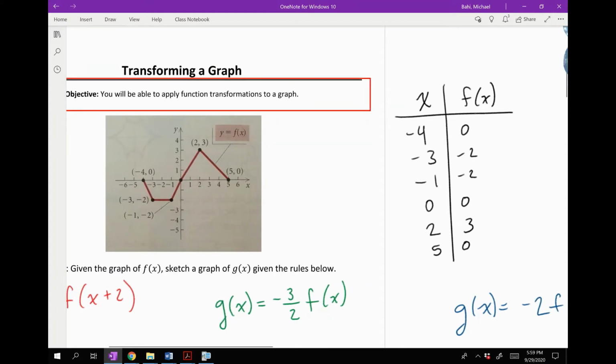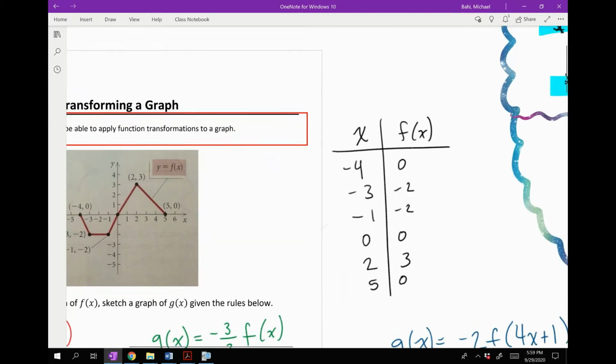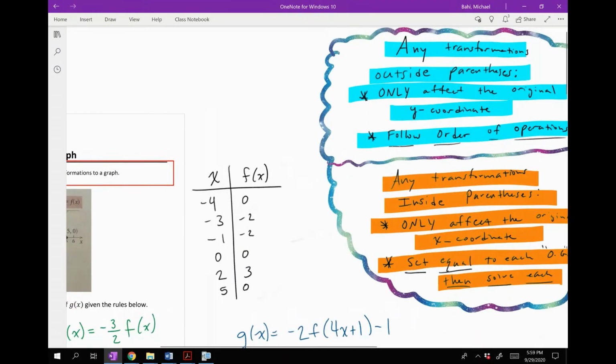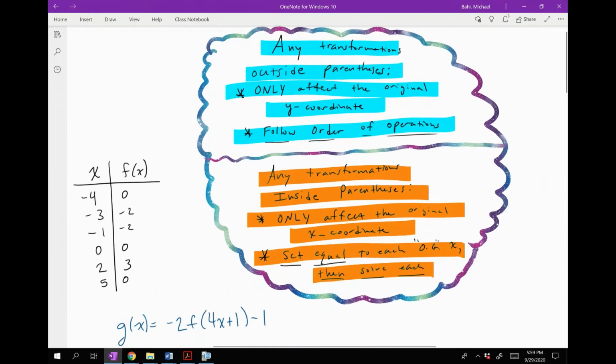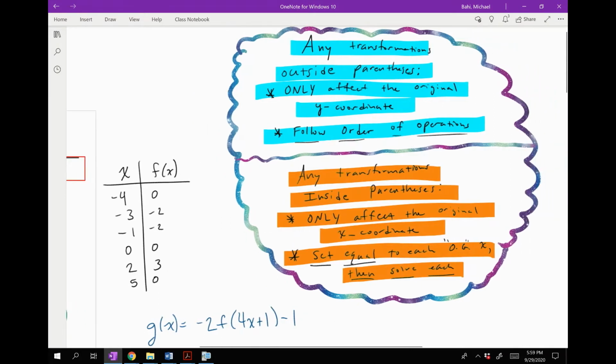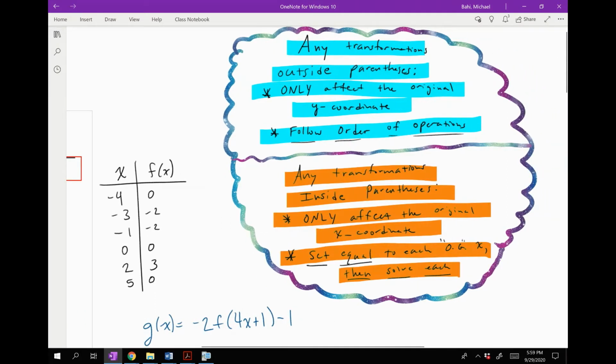So here's the general rule. It's a lot of information here. You're either going to have something in the parentheses or a transformation outside the parentheses. Any transformation that's outside the parentheses is going to affect the original y coordinate and only the y coordinate.